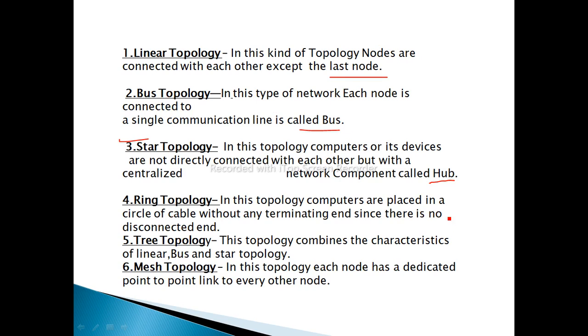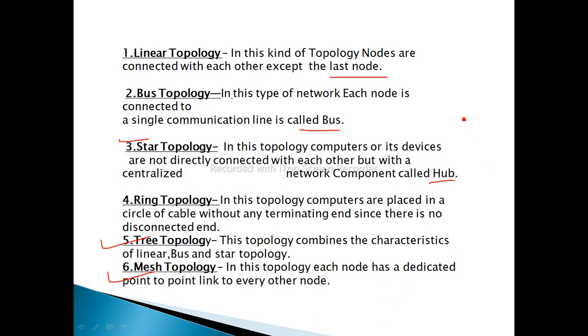In ring topology, computers are placed in a circle of cable without any terminating end. There is no terminating end, since there is no disconnected end. Now, what is tree topology? Tree topology combines the characteristics of linear, bus and star topology. What is mesh topology? In mesh topology, each node has a dedicated point-to-point link to every other node.